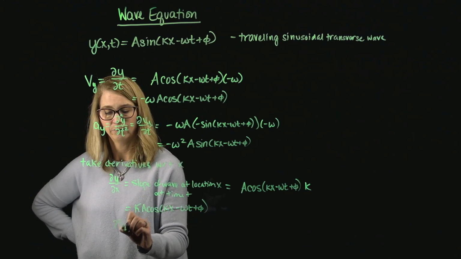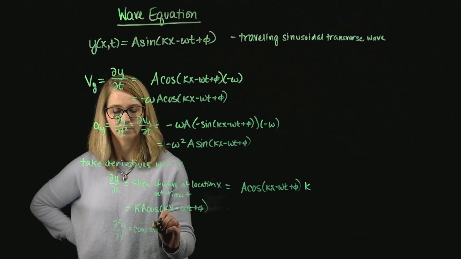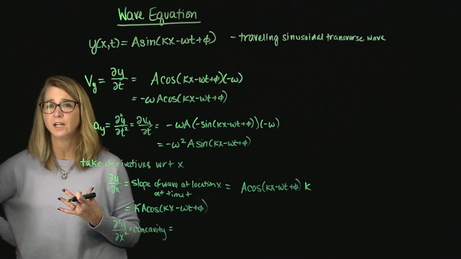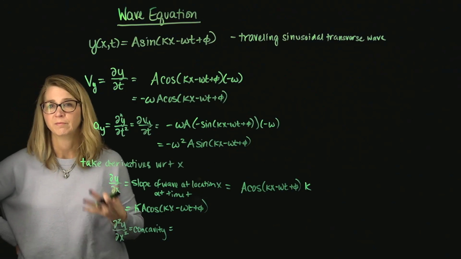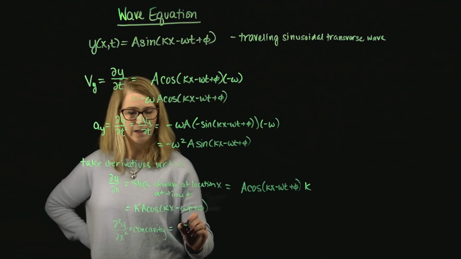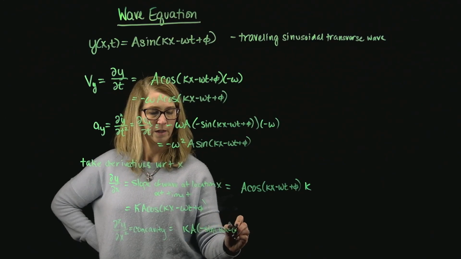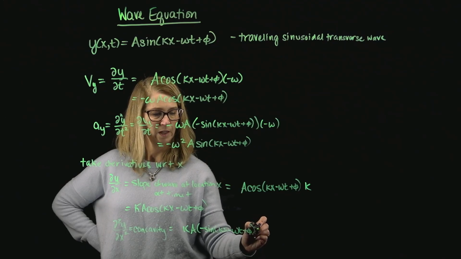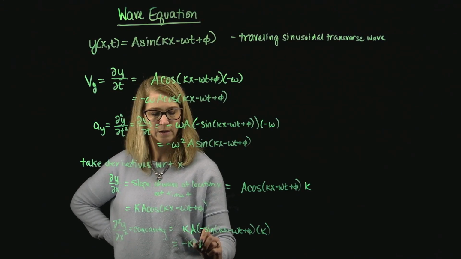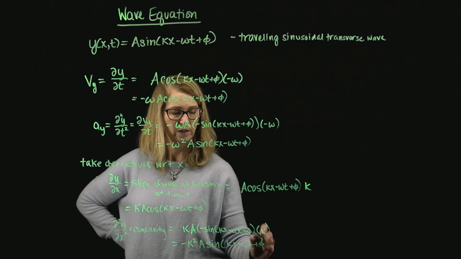The second derivative represents the concavity of the wave function, because it's like looking at a graph of y versus x. If I do that, I get ka times minus sine of (kx minus omega t plus phi), multiplied by a k. So this is equal to minus k squared a sine of (kx minus omega t plus phi).